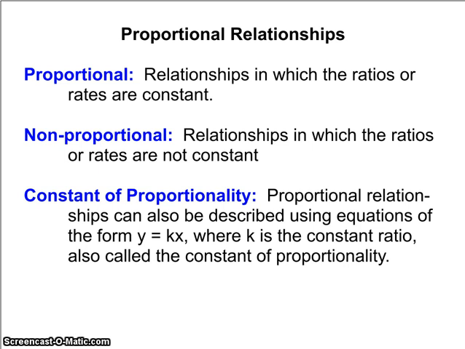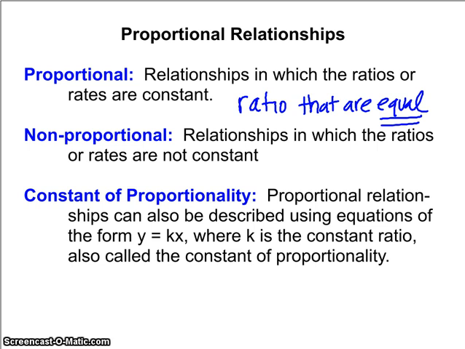So just remember that proportional means relationships in which the ratios or rates are constant, or yesterday we talked about proportional meaning rates or ratios that are equal. You might want to add this to your notes.